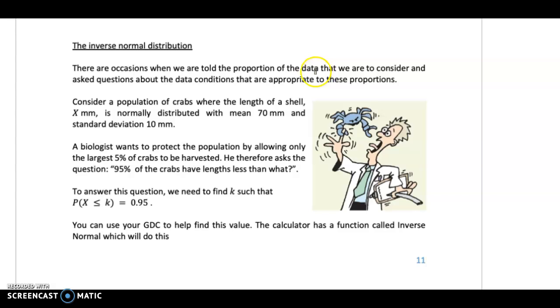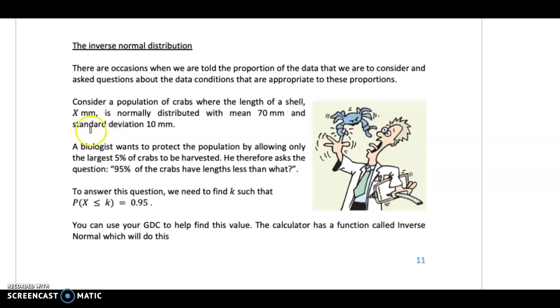So basically, you're given the area under the curve, which is the probability, and we are to ask questions about the data conditions that are appropriate for those proportions. You might then find a particular value that you're interested in, like the x value or the standard deviation.